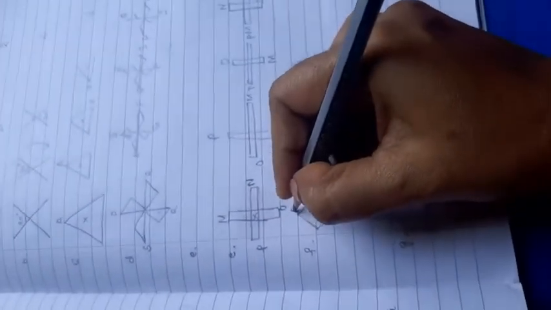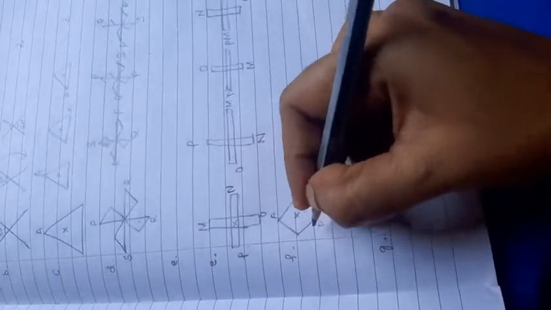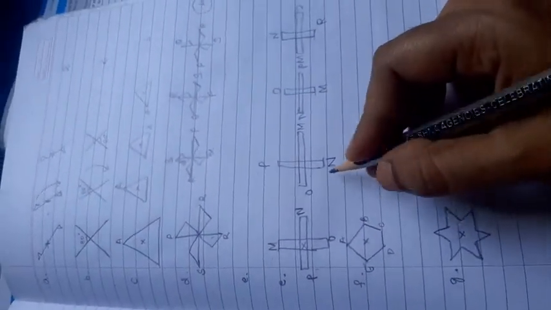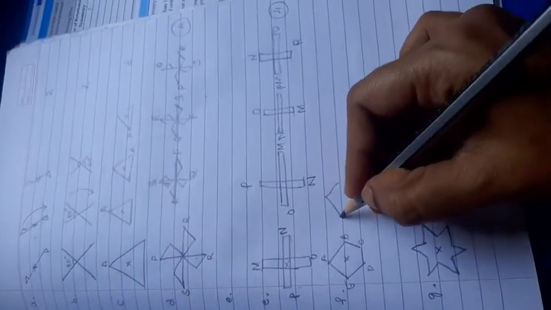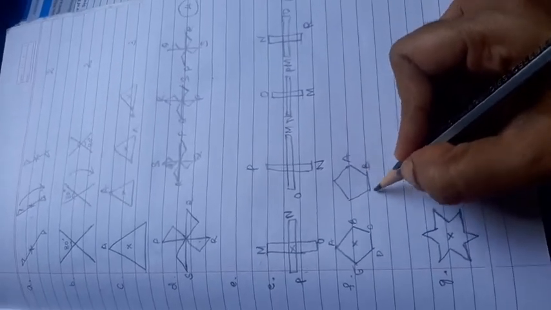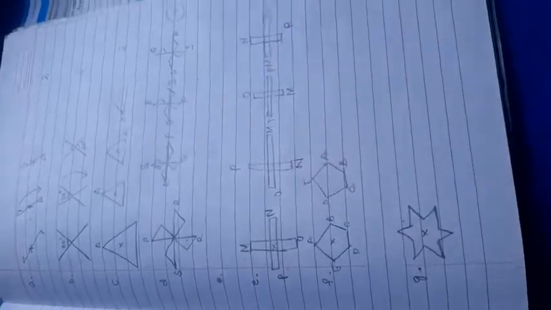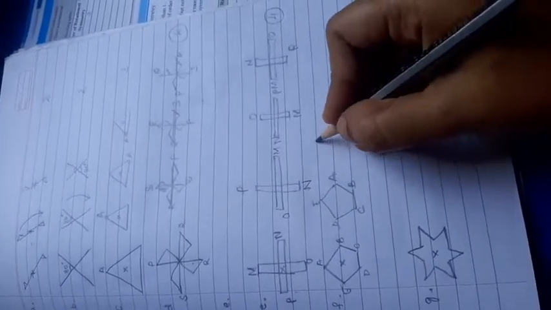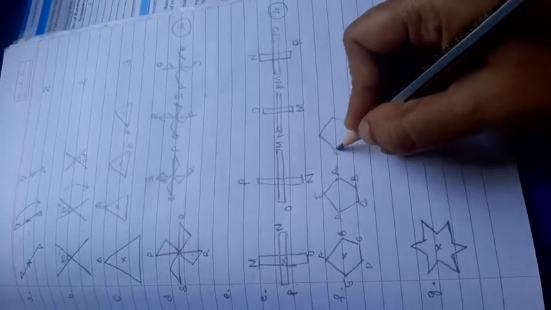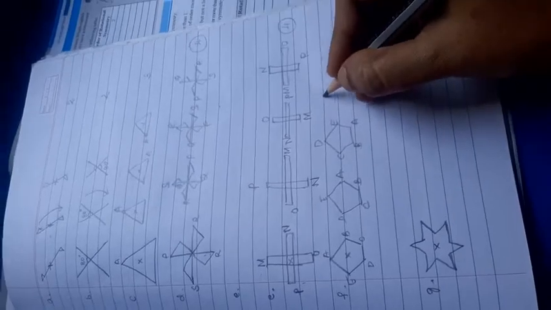Now I'll name it as A, B, C, D, E. Okay. So first A is here. Next A changes to here. A, B, C, D, E. If you want, you can cut colored papers and paste it. Next again, A, B, C, D, E. Again.